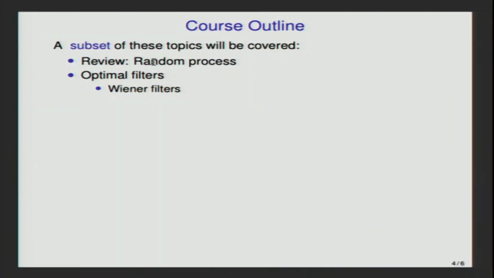With that short review and introduction, we will move on to look at what are called optimal filters. These optimal filters differ from the traditional FIR and IIR filters, where the objective may not necessarily have been to achieve an optimal filter. The objective would have been to realize some expected frequency response.